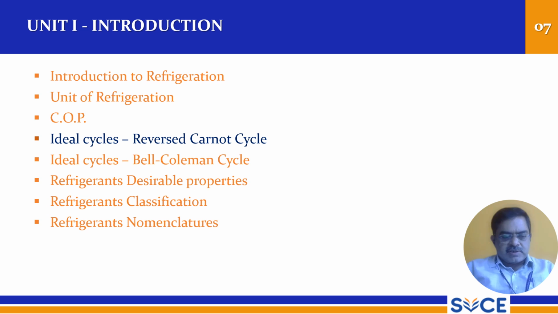In the next session, we are going to start the Bell-Coleman cycle. We will see its theory, and then we will solve problems on this. And one more session I need to discuss the desirable properties of refrigerants and classification and nomenclature. I need 2 sessions for the Bell-Coleman cycle and one session for refrigerants. So that is the plan for this first unit.